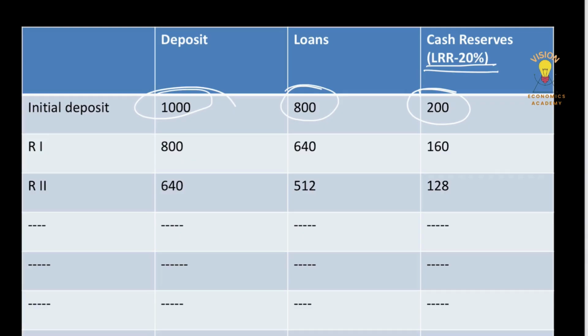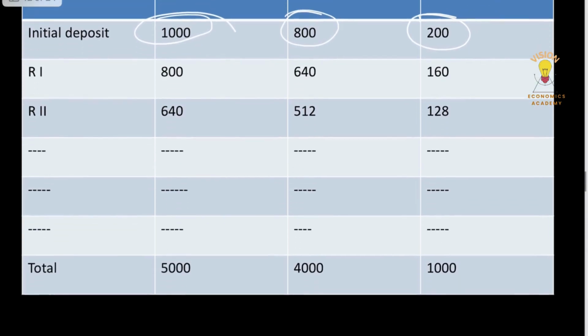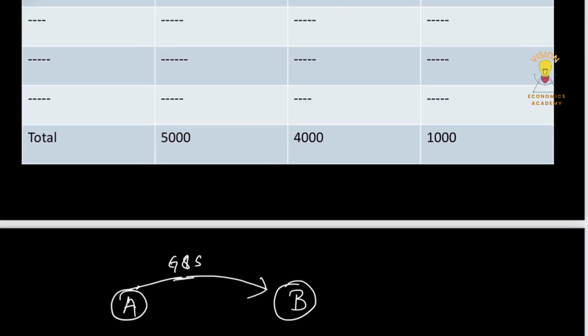So let's understand it in this way: a person A and a person B are there. Person B has taken the loan and bought goods and services from A, for which B has to pay him 800 rupees, let's say.